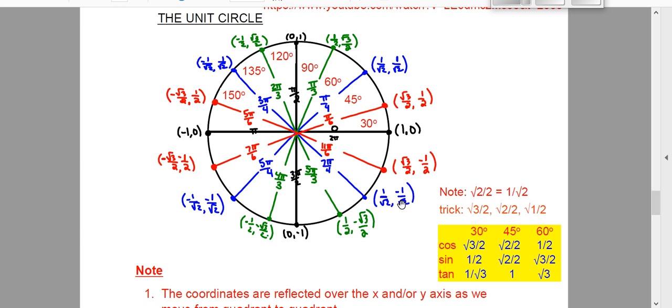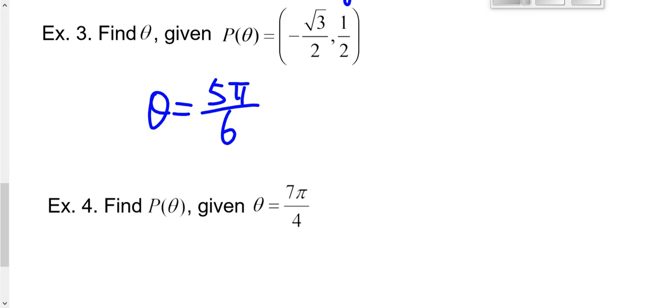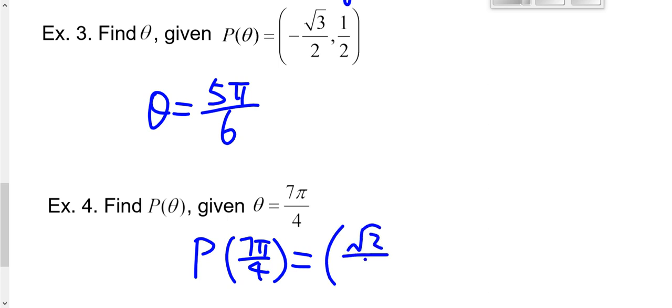Either way, I will stick with my notation to keep it consistent. So in this case, the point with angle theta, which is 7 pi over 4, would have a coordinate of root 2 over 2 and negative root 2 over 2. It is that easy.